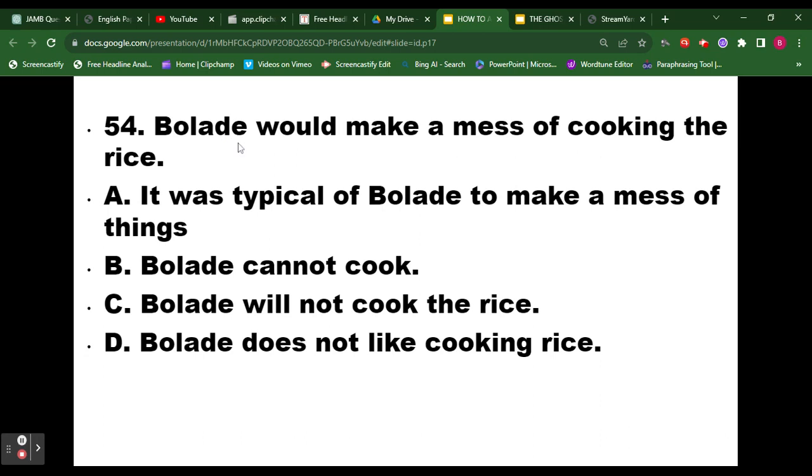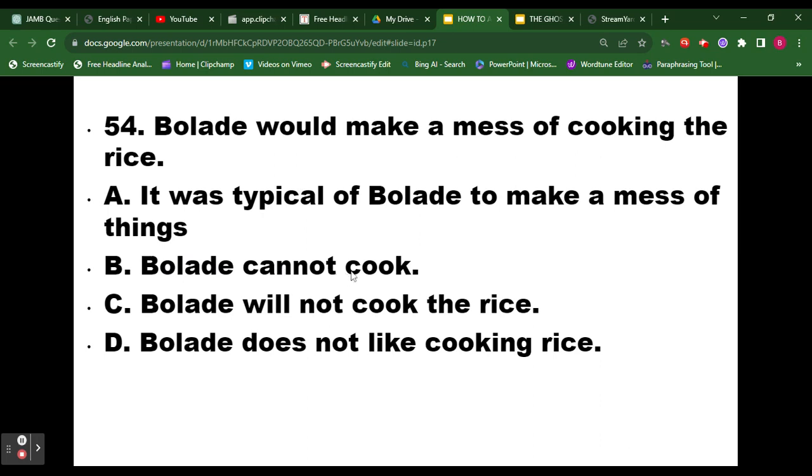Now, again, we look at the sentence, Bolade would make a mess of cooking the rice. Now, it's not about all types of cooking. This is specific, it is a specific reference to cooking the rice. And so this nullifies option A. It was typical of Bolade to make a mess of things. It's not about all things, it's about cooking the rice.